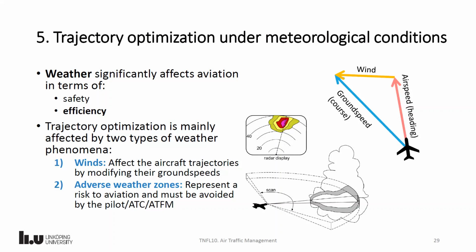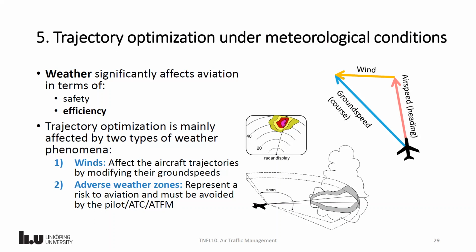Maybe because we have some kind of convective activity, or volcanic ashes or turbulence. These are parts of the airspace that are occupied by bad weather or severe weather that we want to avoid.